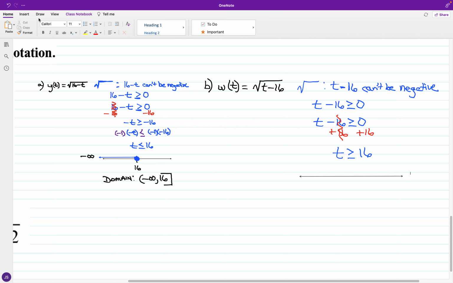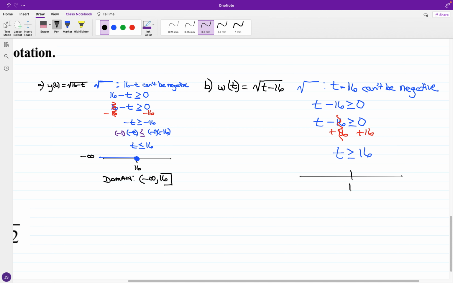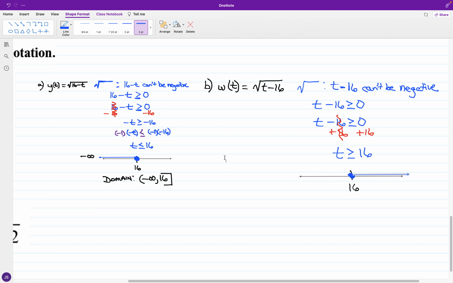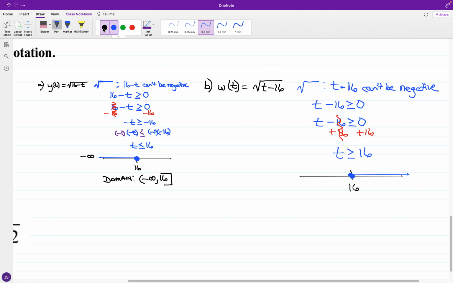Again, for this type of situation, if you're looking at just the domain, graphing is not necessarily a must, but again, we're back in a situation where 16 is included thanks to the equal sign, and the rest of the values of t will be greater than. So this time we have a ray that's going to go continuously out to the right and approach infinity.